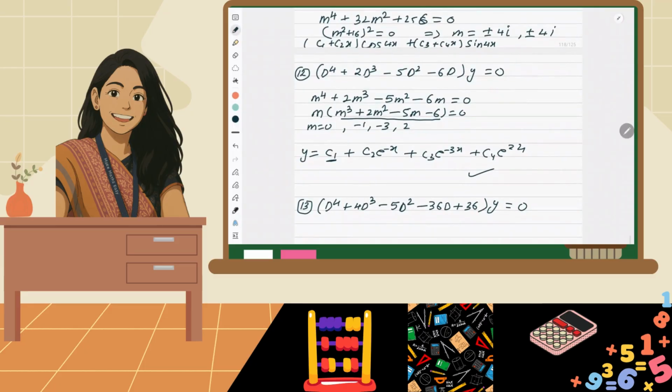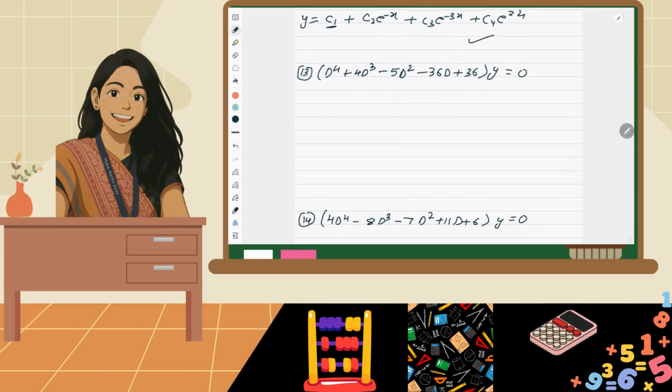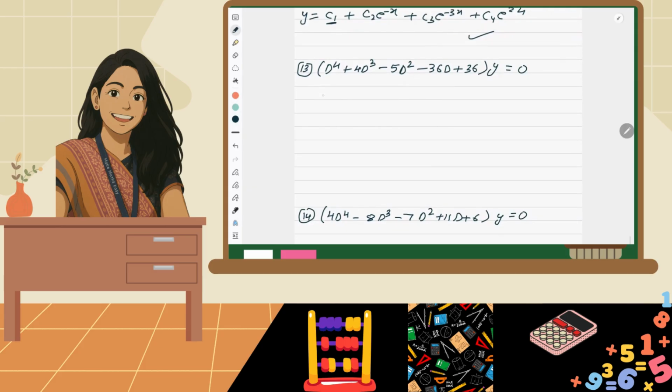Again, it is a 4th degree equation. So for a 4th degree equation, you can use your calculator or you can use synthetic division as well. So m4 plus 4m cube minus 5m square minus 36m plus 36 is equal to 0. If you solve this, you will get m is equal to 3, minus 3, minus 2, minus 2.